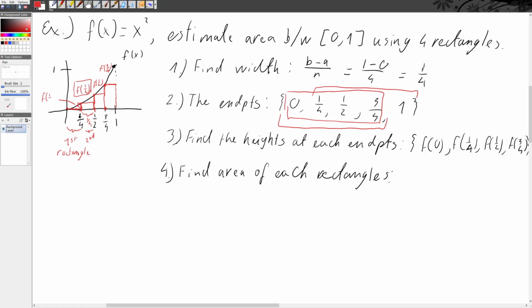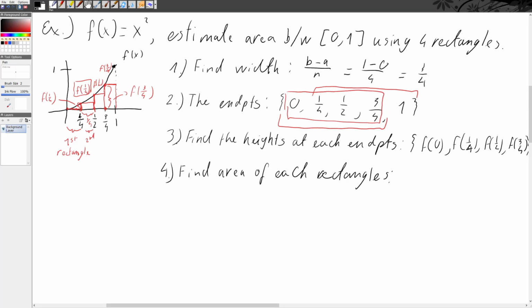That has a height of f of 1/4. And similarly, right here, that has a height of f of 3/4. So we just find the area of each rectangle that we see in the drawing.